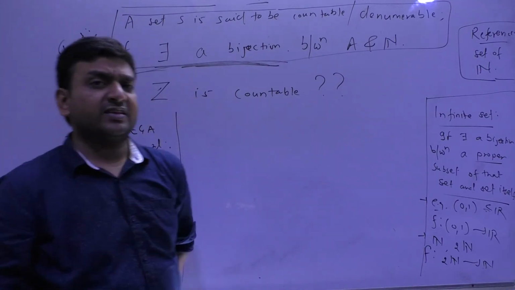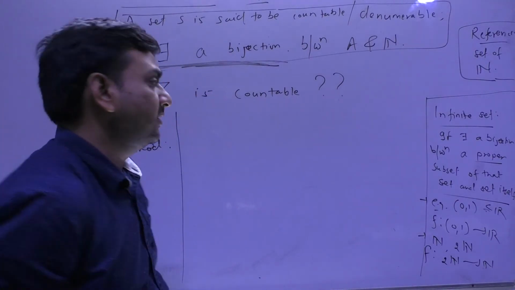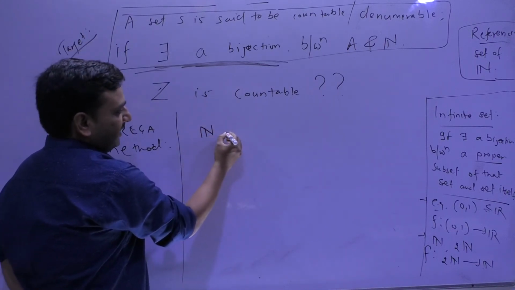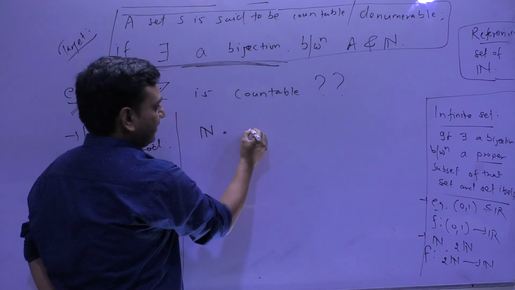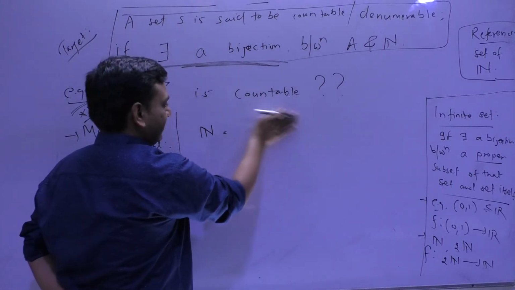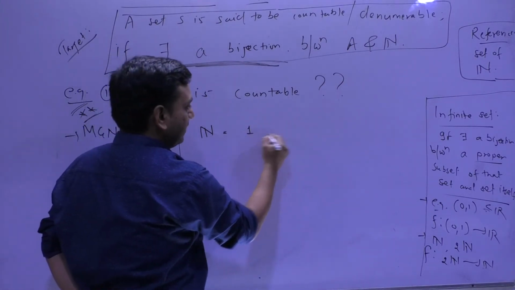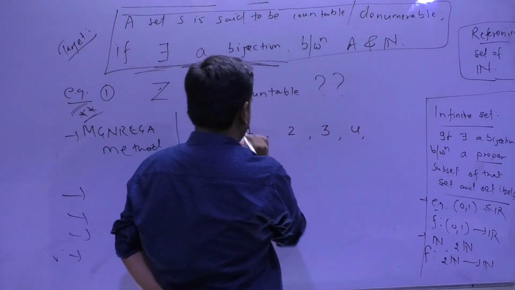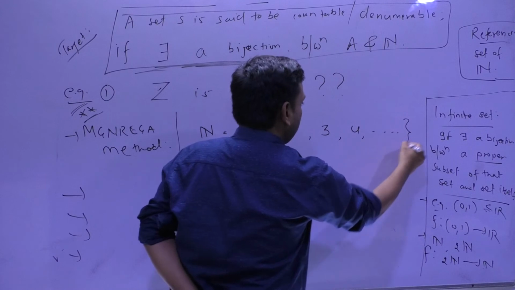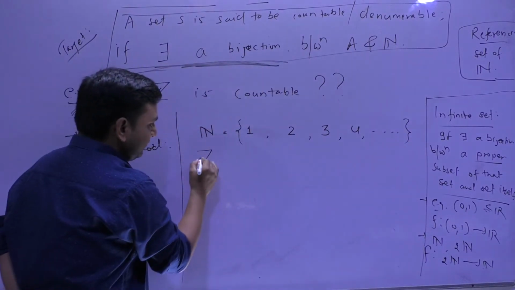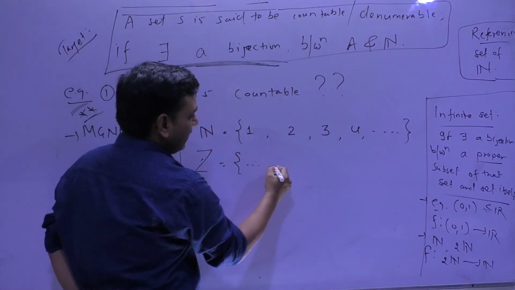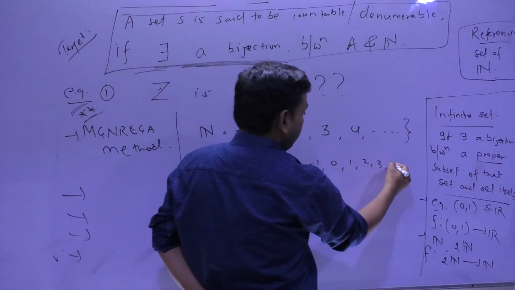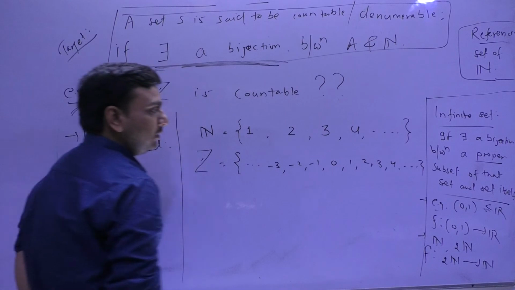So to check whether Z is countable or not, what do I do? Tell me, N is what? 1, 2, 3, 4 and so on. Z is what? Negative integers, 0, positive integers and so on.